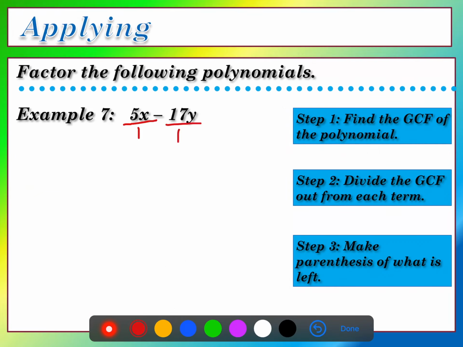So if my GCF here is 1, I divide that out from each term. Okay, and I understand that it hasn't changed any values in the problem, but now it looks like a distributive property. And we do want to get in the habit of putting a 1 for a GCF and factoring that out. That is going to affect us in the future.